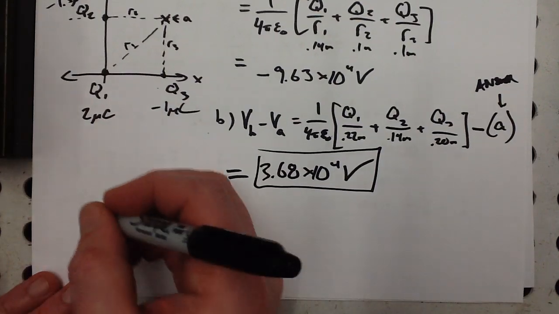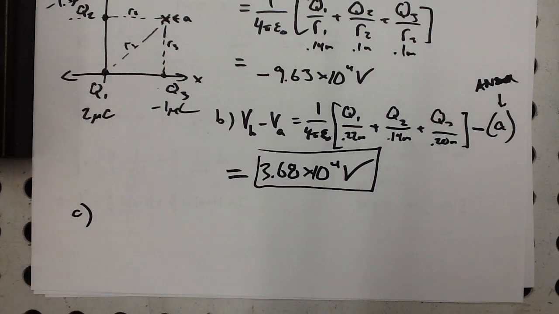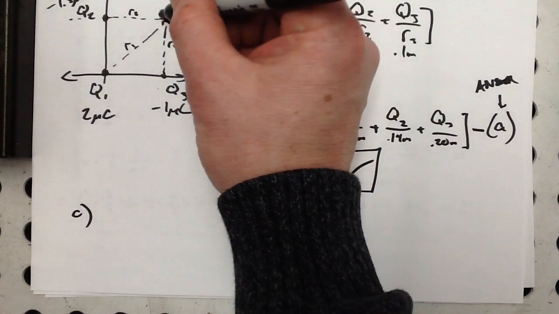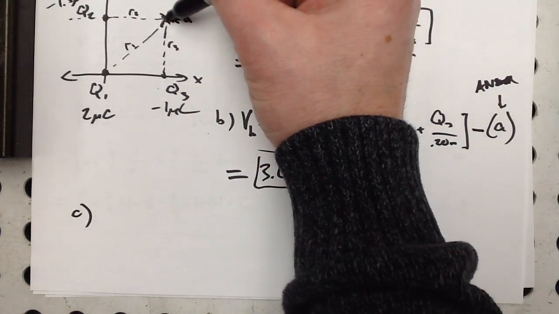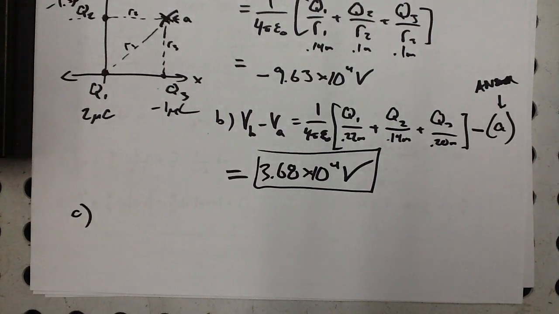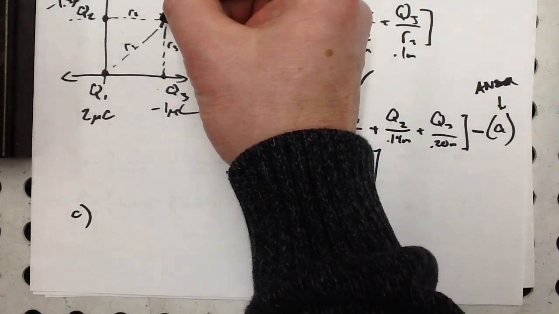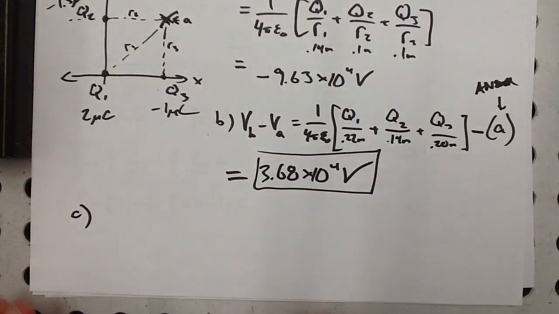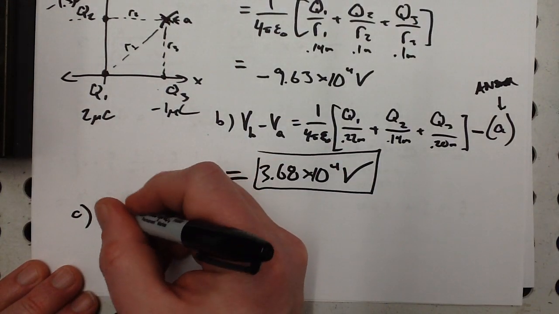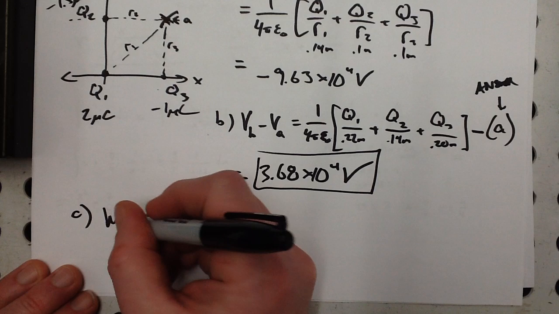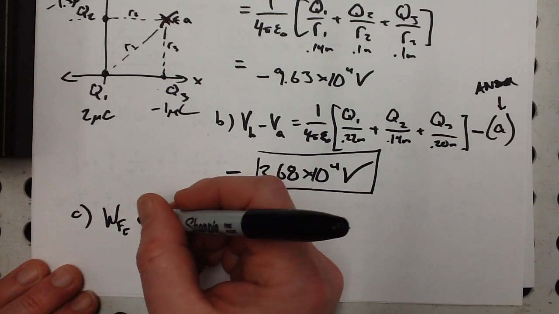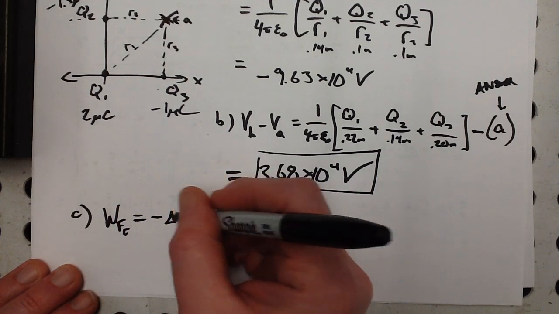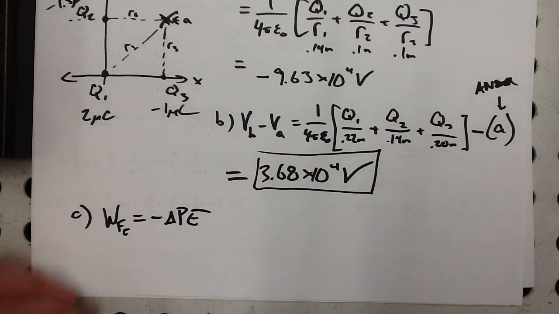And last part, in part C, the question is how much work would it take to get a charge of positive 1.25 microcoulombs from here to here? How much work would we have to do to get it from here to here? Well, the work done by the conservative force, by the electric force, is equal to the opposite of the change in potential energy.